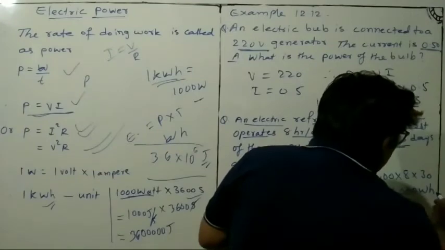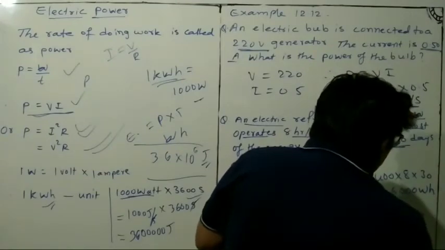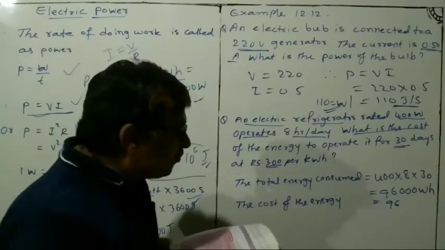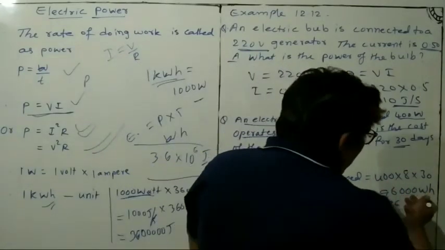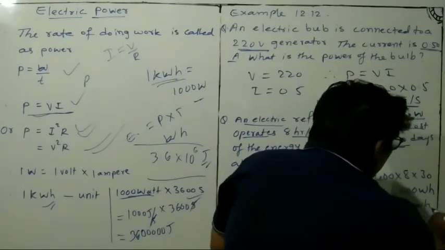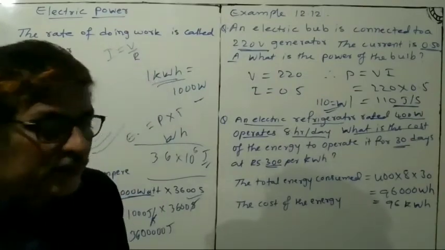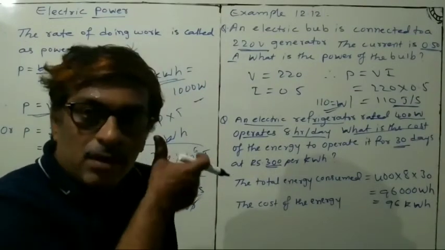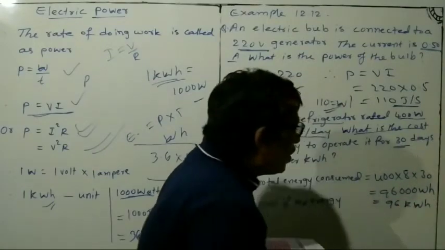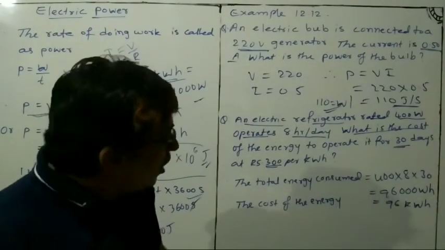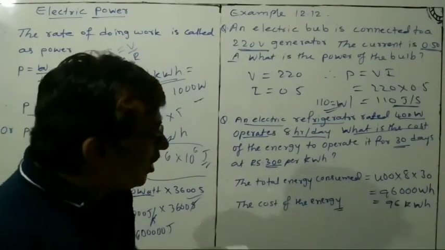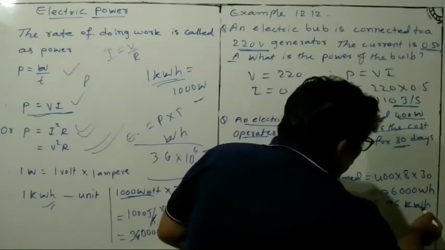So 96,000 watt hour you can convert into kilowatt hour by dividing by 1000, so you get 96 kilowatt hour, kWh. Now the cost of the energy you have to find. You know that kilowatt hour is also called a unit.